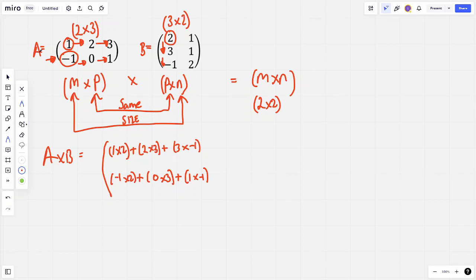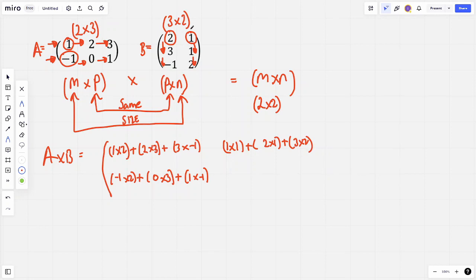Now what we do is we go back to the first row, and now we move on to the second column of matrix B, and we're going to repeat this. So that's going to be 1 times 1, plus we move to the right and we move down by 1, so 2 times 1, plus the final, which is 3, and we move down by 1, so 3 times 2.